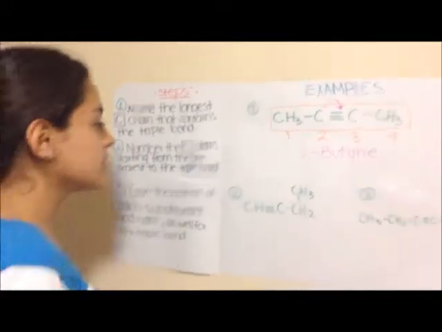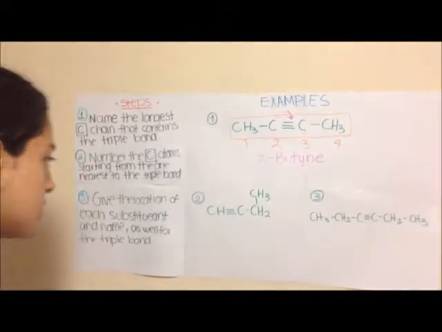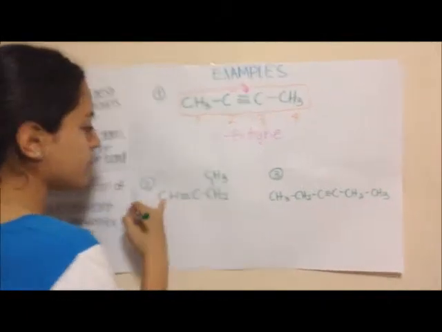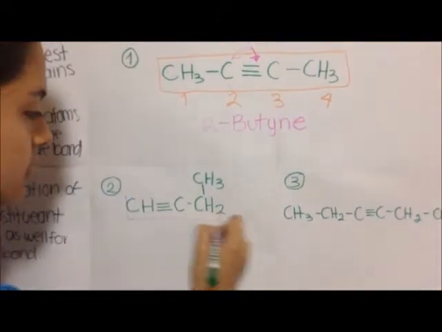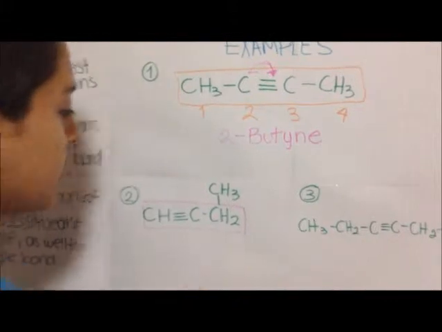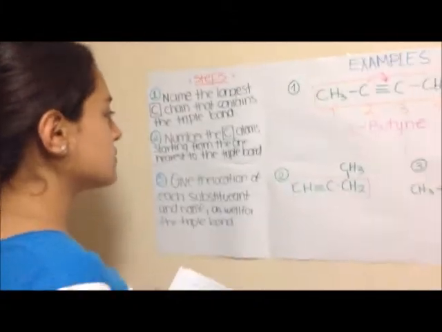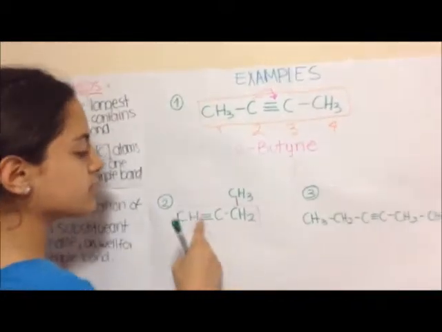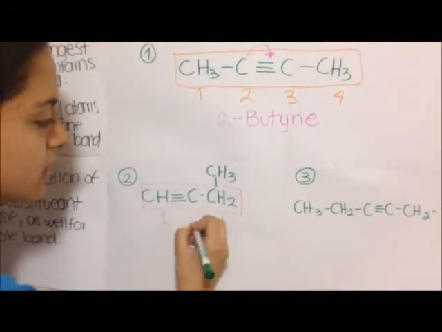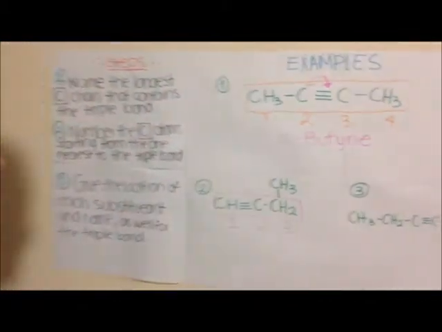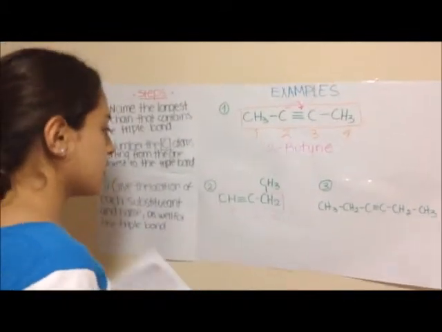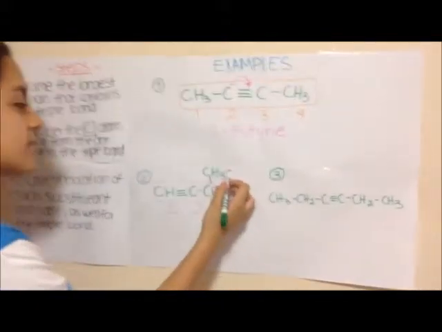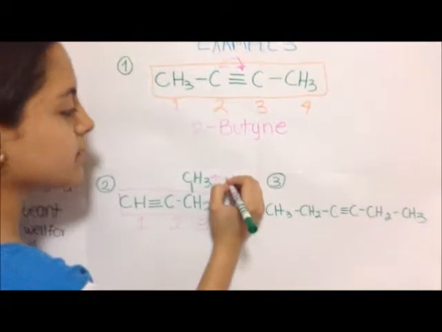The next example has an alkyl group, so we will start again finding the main chain that is here, 1, 2, 3 carbon atoms, the main chain, and then we need to number starting from the one that's nearest to the triple bond. So we start from here, 2 and 3 carbon atoms. Then we need to give the location for the substituent or alkyl group that is called methyl.